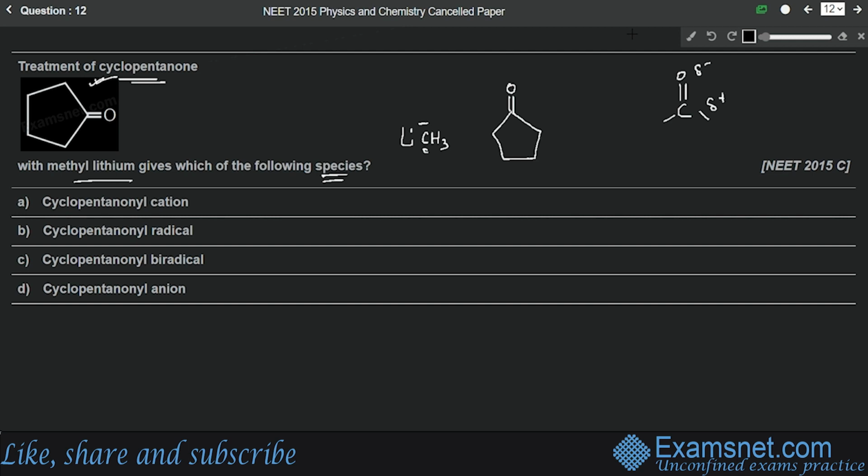So this negative methyl group will attack at this partial positive charge, okay? So it will form a structure like this. This is your single bond O minus, and then here CH3 group will be attached, and this is known as cyclopentanoyl anion. So the correct answer will be option number D.